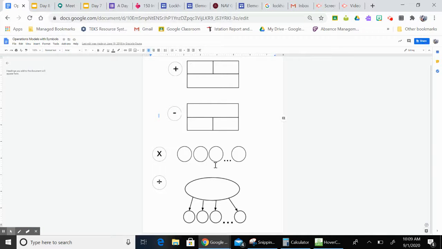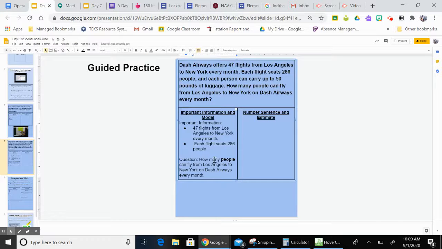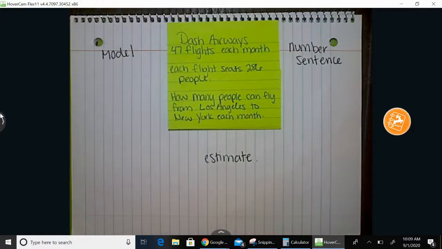That tells me that I'm going to work with multiplication, with repeated addition. So now that I know my model, my operation and the important information, I can start drawing my model.